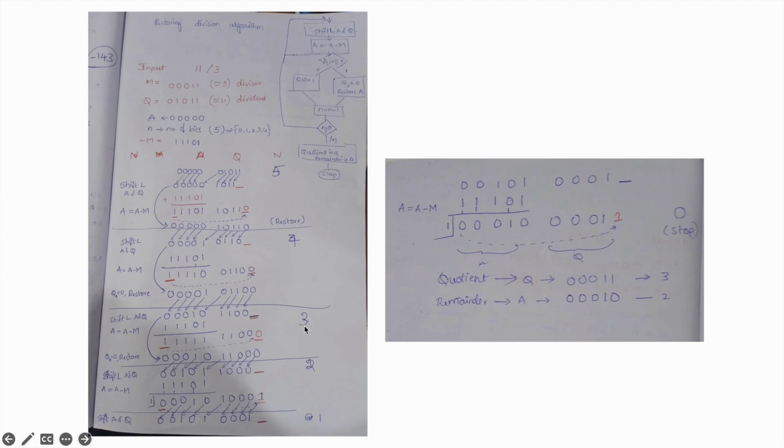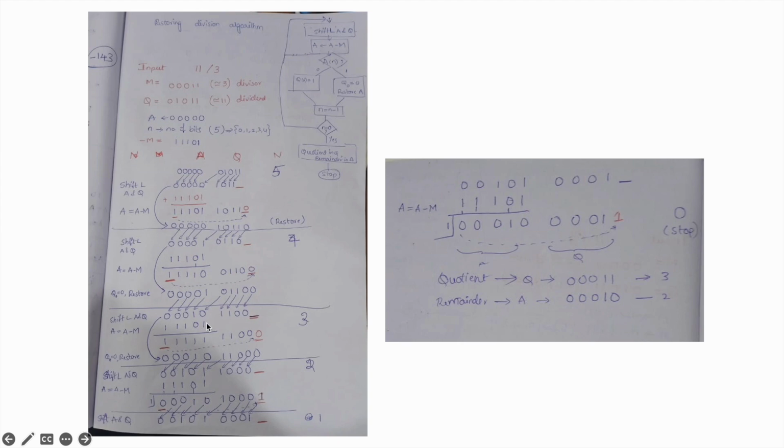Next we have to decrement the n value. 4 is decremented to 3. 3 is not 0, so we have to repeat the loop and shift left AQ. All the bits are shifted towards left, and we don't know what the Q naught value is. Again subtract M from A. So minus M value is 1 1 1 0 1. 1 1 1 0 1 is added to this.